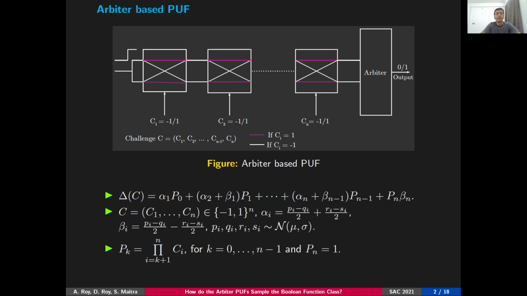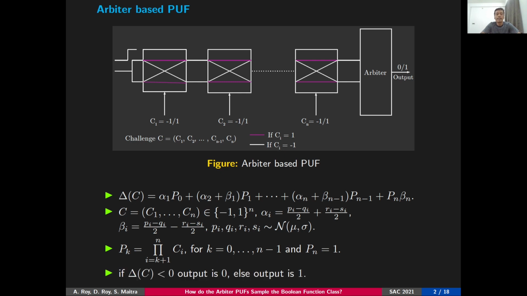If the length of the path is n, then the challenge input is taken from the domain {-1, 1}^n. Alpha i, beta i are calculated by this formula, where pi, qi, ri, si are related to the delay parameters, which usually follow a normal distribution. Pk is calculated by this formula, and Pn is equal to 1.